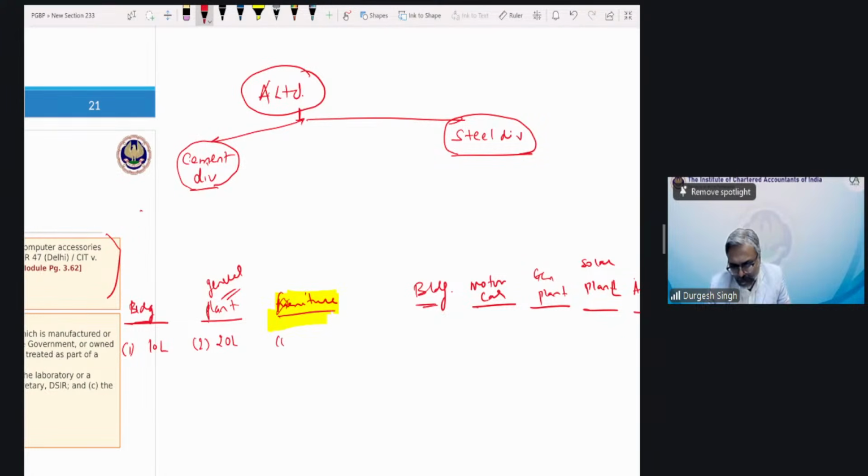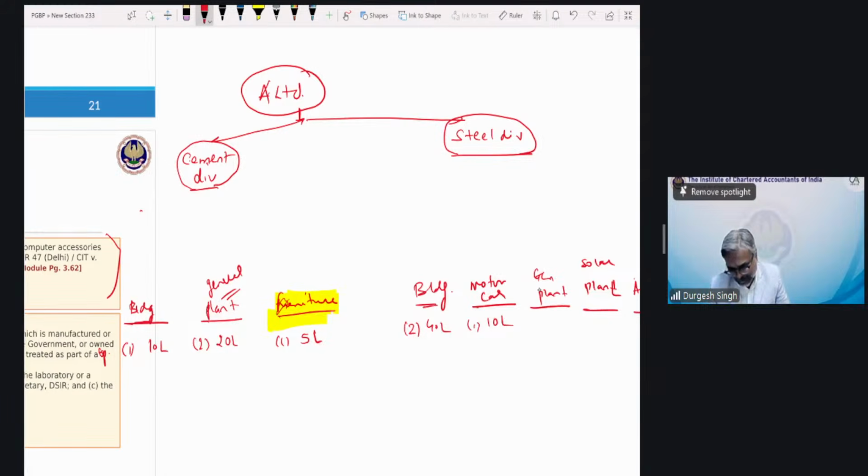Furniture 1, say 5 lakhs. These are the opening WDV, opening figures. Here it is, students, building, again 2 units, 40 lakhs. Say 1, it is 10 lakhs.